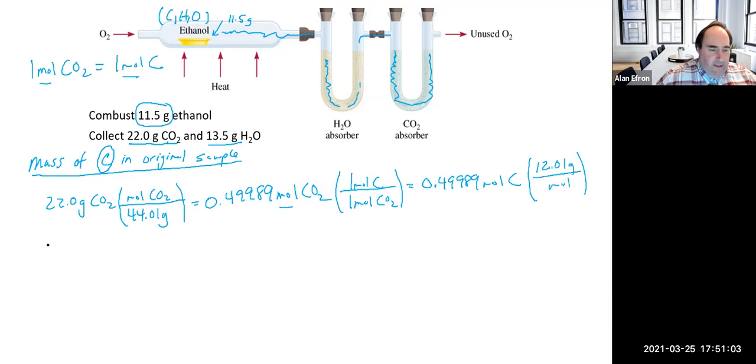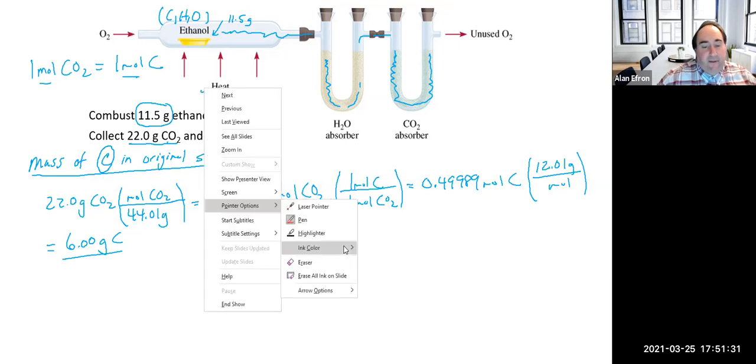Multiplying by 12.01, we get 6.004 grams of carbon, or we could round it to about 6 grams of carbon. Any questions on where any of the numbers came from? The purpose here is to figure out how much carbon we collected and also how much hydrogen.